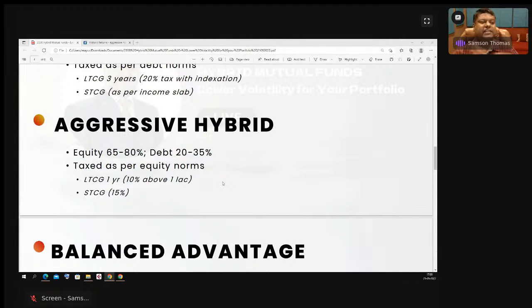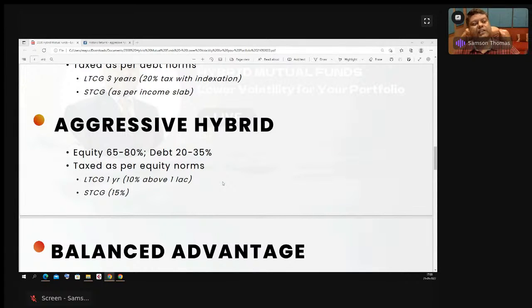Why do we say 65 to 80? Because the fund manager has the freedom to, if the fund manager feels the market is undervalued, go up to 80%. And if they say markets are expensive, they can come down to 65%, but not below that, right? So equity is 65 to 80%, debt is 20 to 35%.